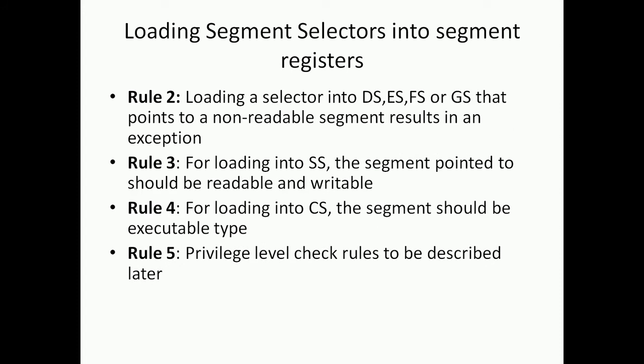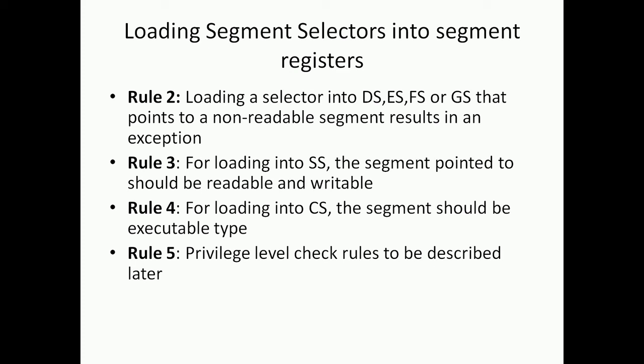When I am loading a selector into DS, ES, FS or GS that points to a non-readable segment, that immediately results in an exception. For loading into SS, the segment pointed to should not just be readable, it should also be writable.